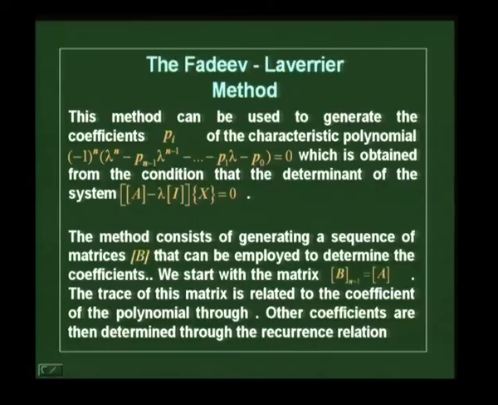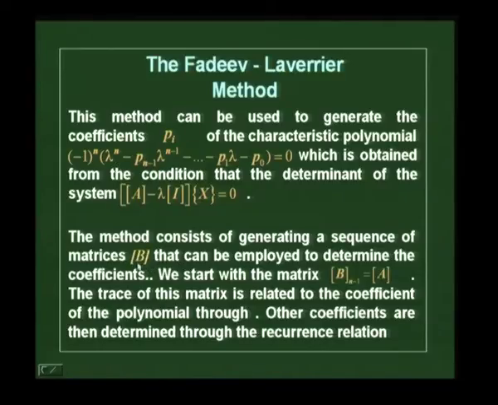So what we do is generate a sequence of matrices whose traces would be the coefficients P n minus 1 to P0. That's the Faddeev-Leverrier method. We generate a sequence of matrices called B, so if you have n, we will have B n minus 1 to B0.